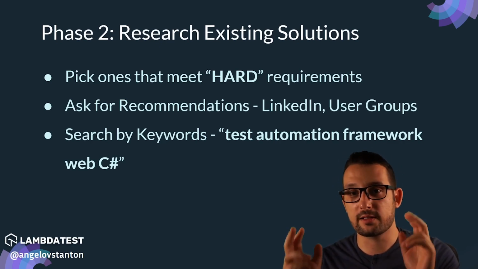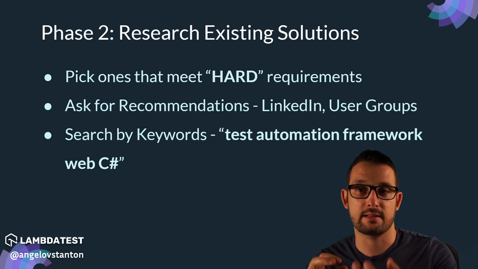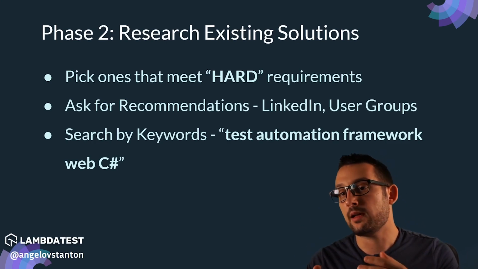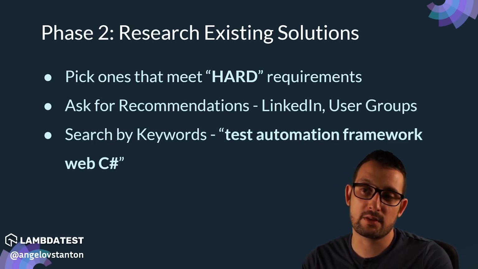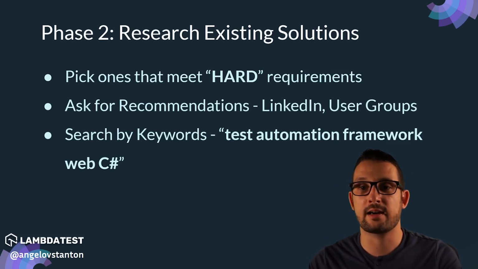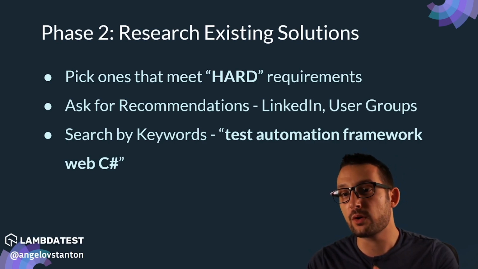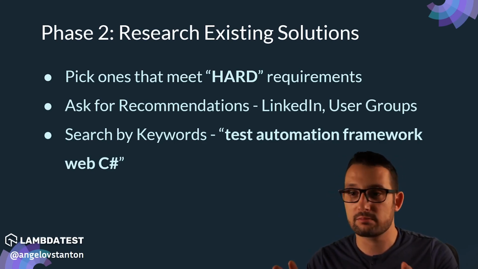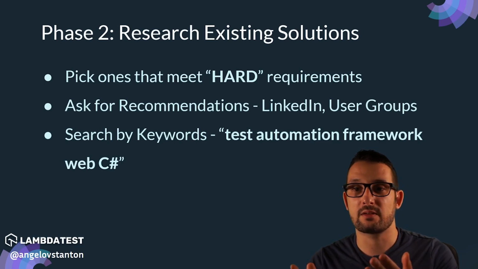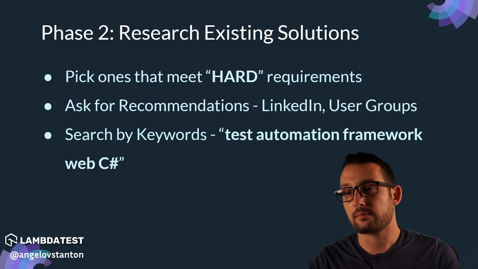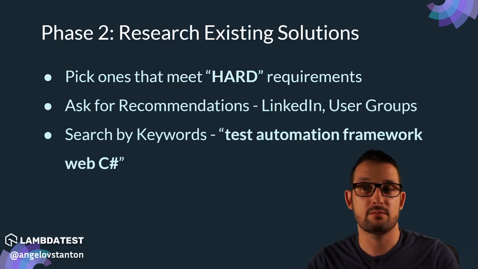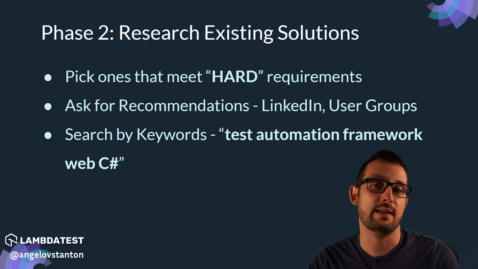So we need to define the so-called hard requirements that in a minute we will discuss, and ignore for now the nice to have stuff, right? So based on these hard requirements, we'll filter among the tens of thousands of the hundreds of solutions out there to pick just a few, these 3 up to 5 more serious candidates.